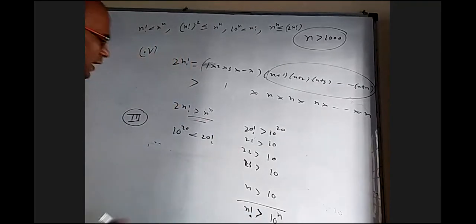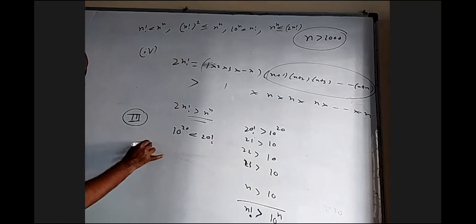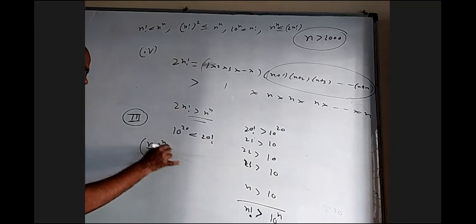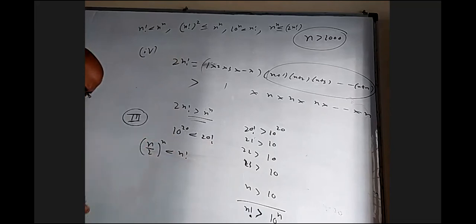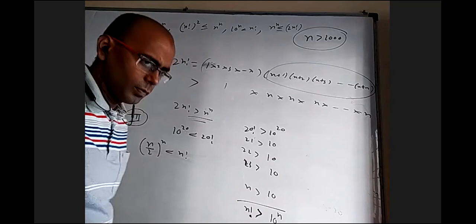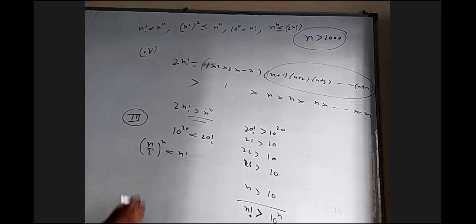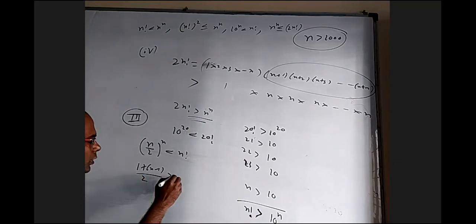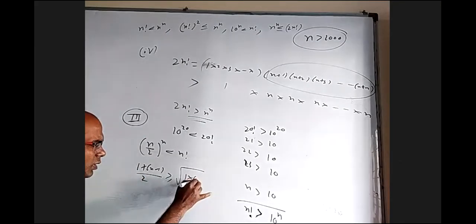Now coming back to proving this: (n/2) whole power n is less than n factorial. So I have to use the AM-GM inequality. (1 plus n minus 1)/2 is greater than or equal to the square root of 1 into n minus 1.